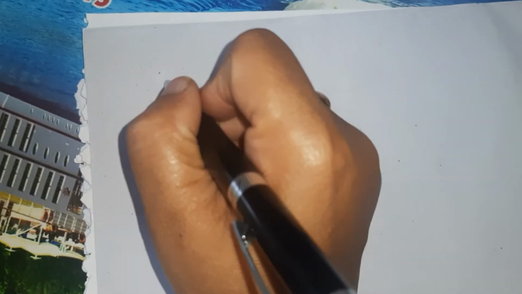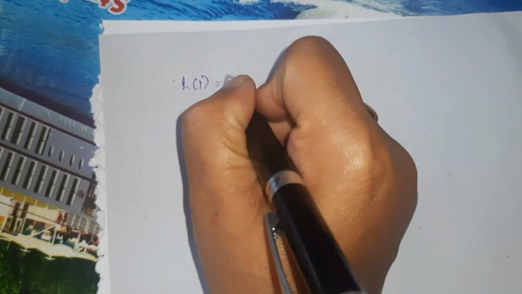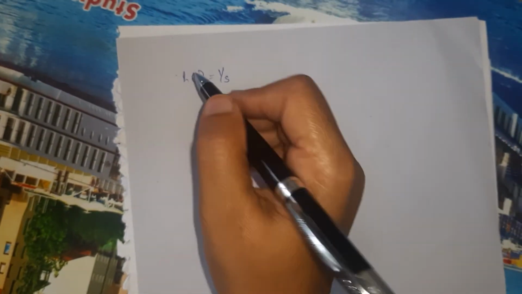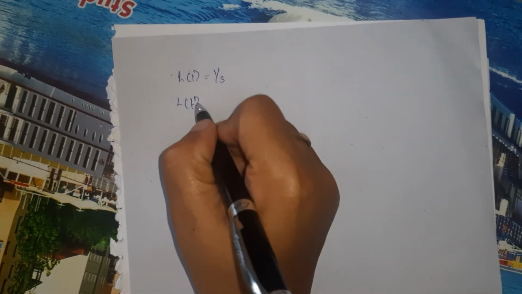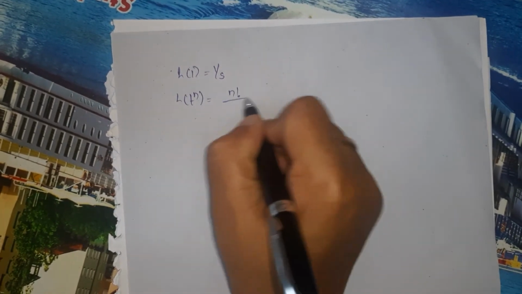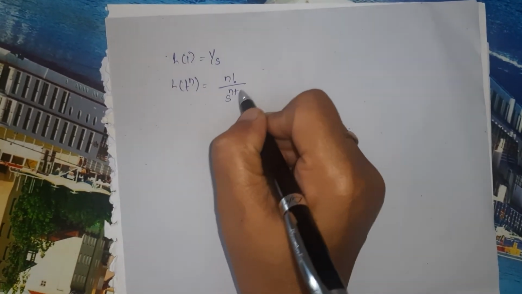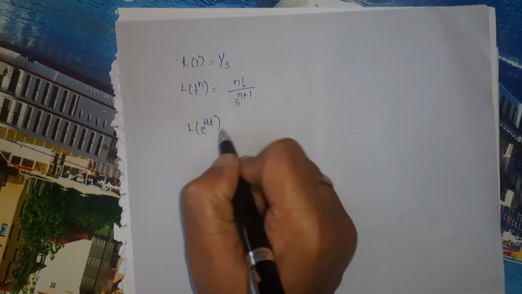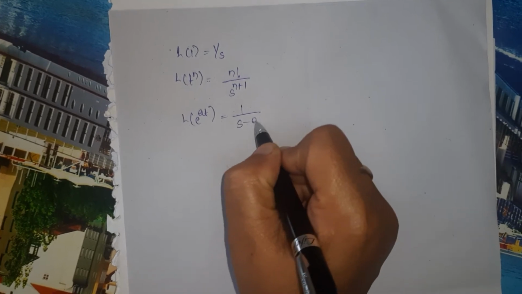Okay. So the Laplace transform of 1 is 1 by s, and the Laplace transform of t power n is n factorial by s power n plus 1. Laplace transform of e power at is 1 by s minus a.